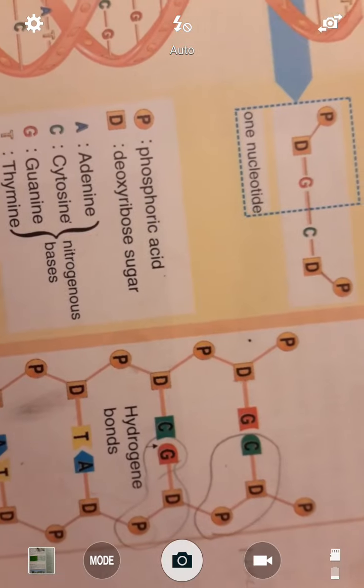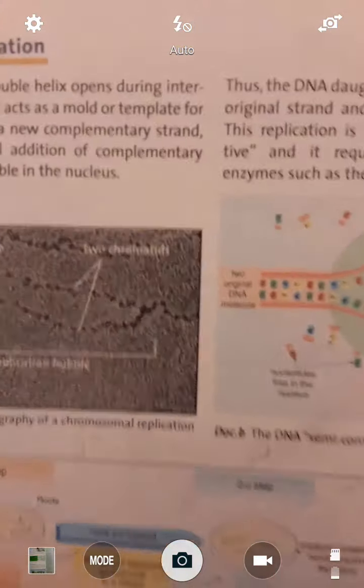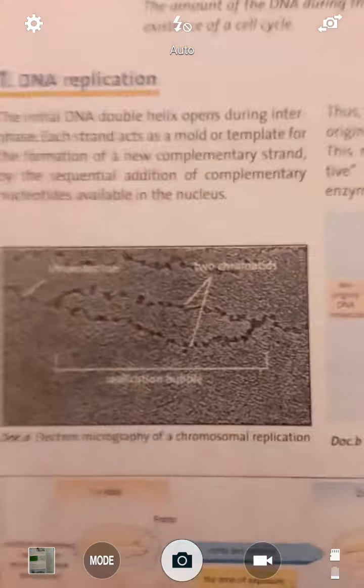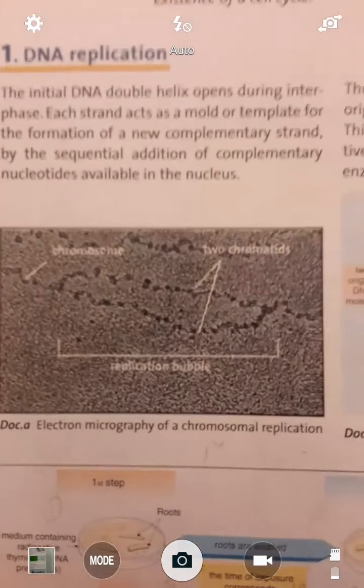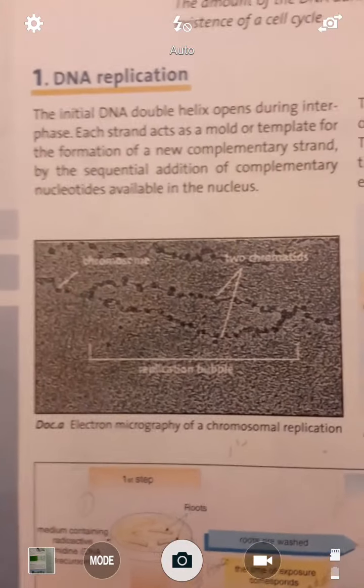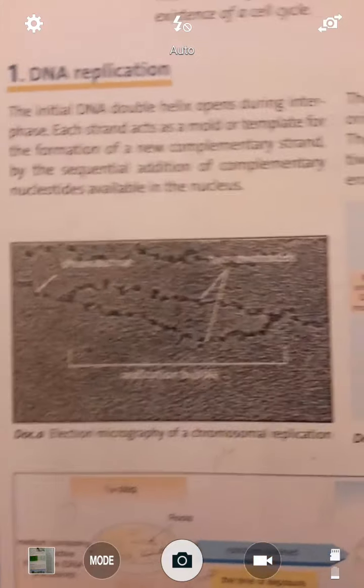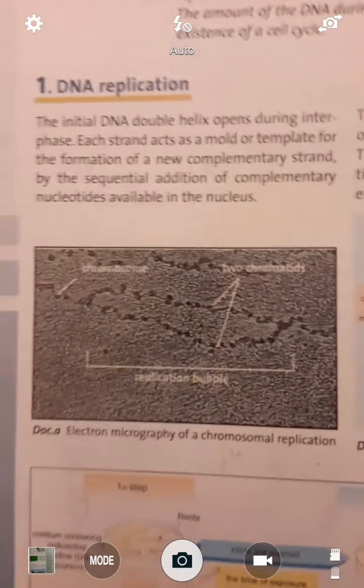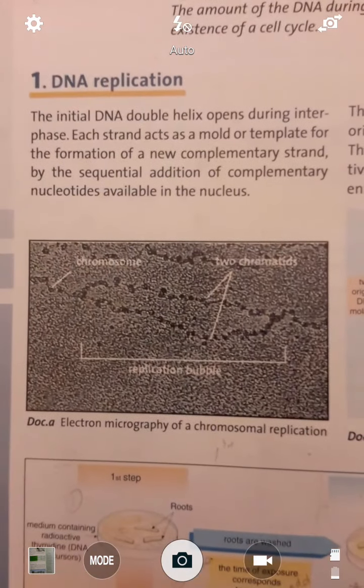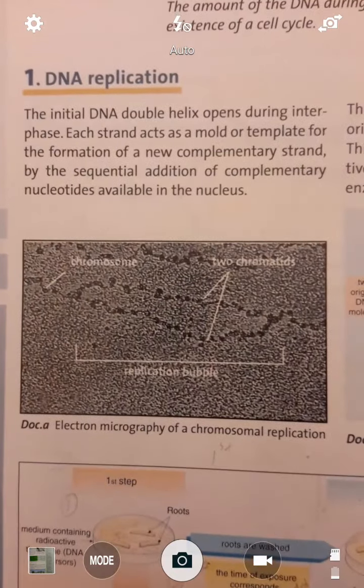Now, as we said previously about DNA replication, in the process of DNA replication the DNA strand duplicates, and this takes place inside the nucleus during interphase.